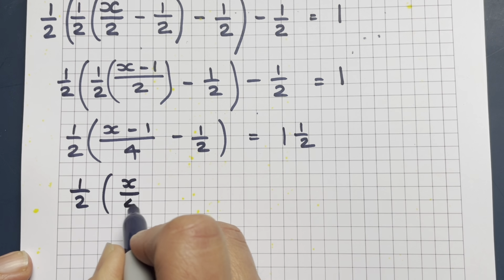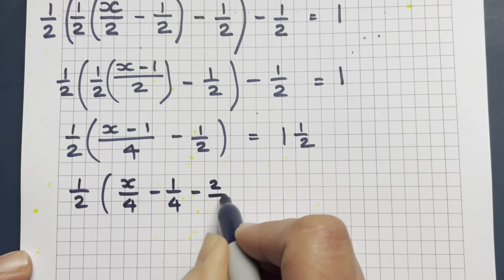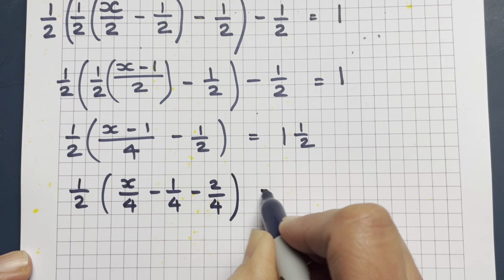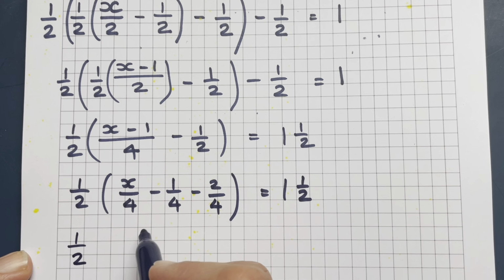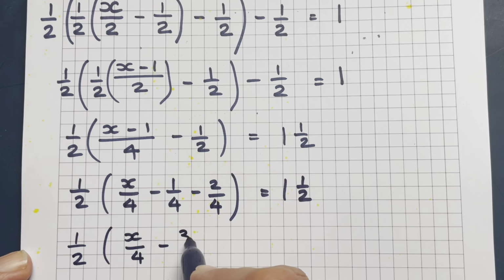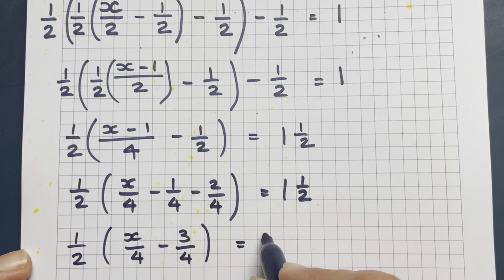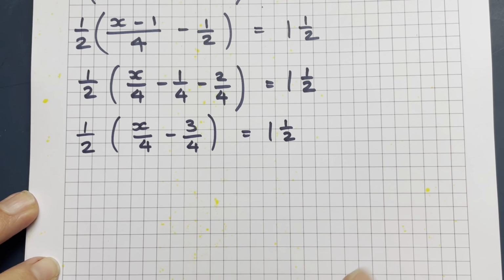So I've got x over 4, subtract 1/4, subtract 2/4 equals 1.5. So I've got x over 4, subtract 3/4 equals 1.5. Let's keep going. We're nearly there.